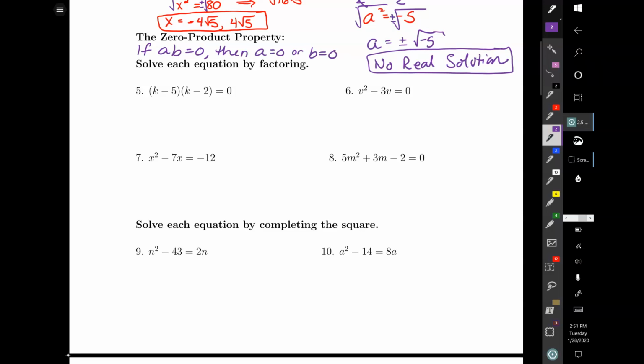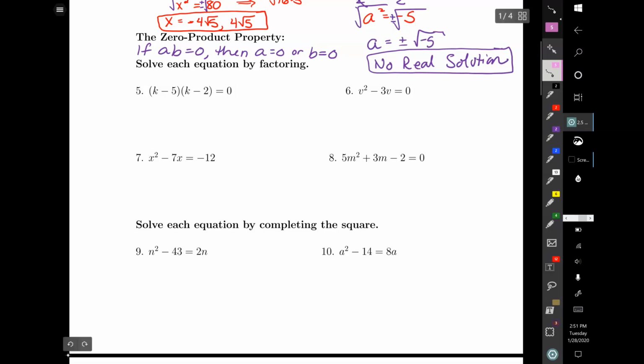So no matter what the answer is, if one of those factors, like here in example 5, comes out to be 0, then you're done. You would equal 0 when you multiply.